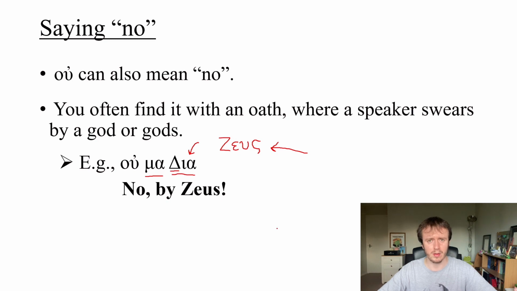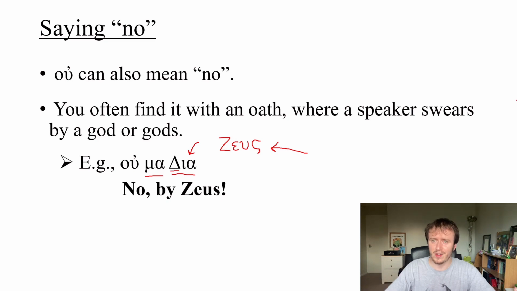That's another place capitals are used. But in the actual text itself, you only see capitals used at the start of proper names. And that's why you've got a capital delta there. So that's just an example that you see in Greek texts. You see ou ma dia, which means no by Zeus.